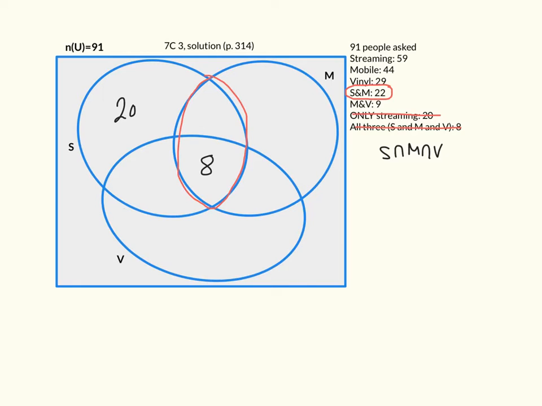Now, we also know that, okay, well, if we have 8 down here, and all of this is 22, this is going to be 22 minus 8. And 22 minus 8 is 14.